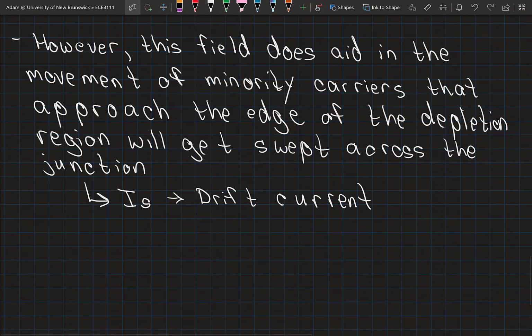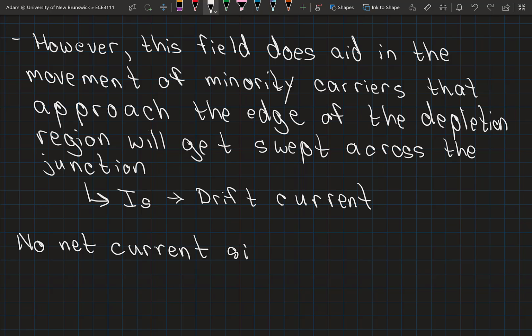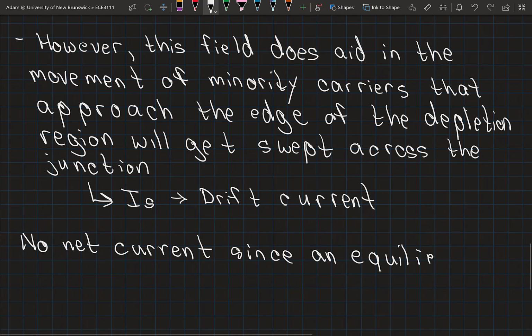Because we have those two counteracting currents, we end up actually having no net current at equilibrium, or when equilibrium is reached.